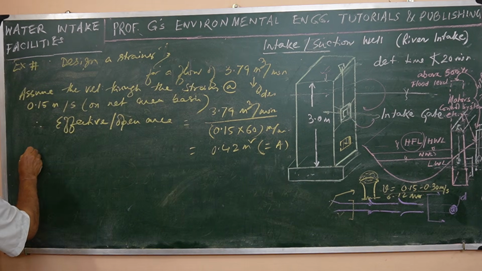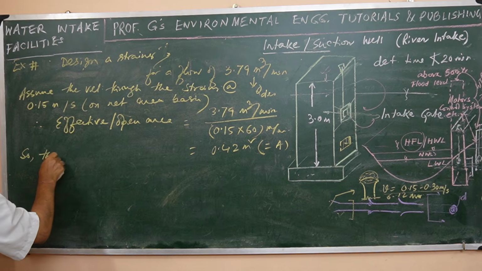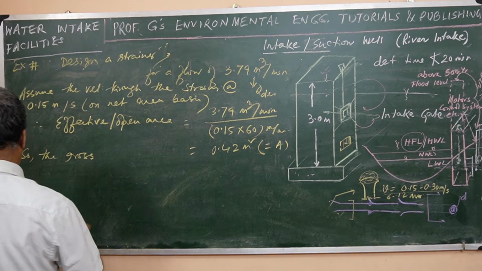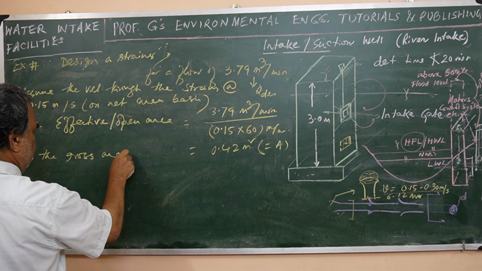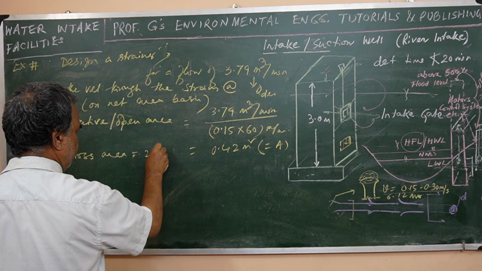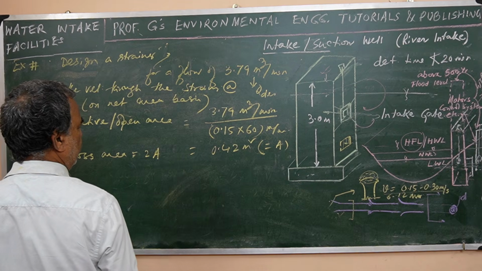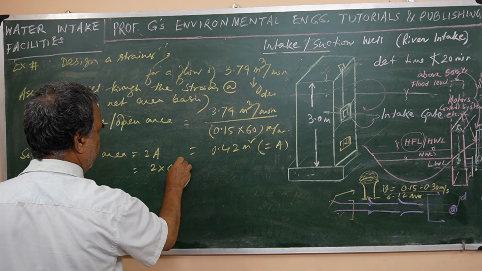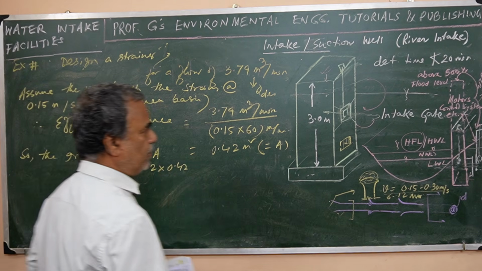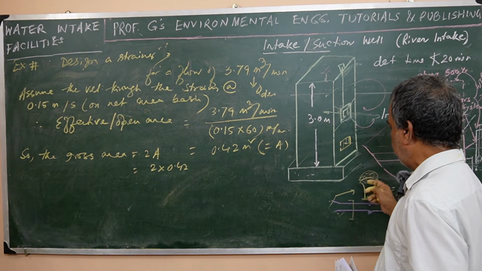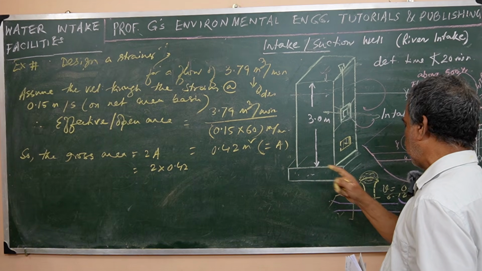So the gross area, as per the guidelines, is more or less 2 times this net area, 2A. So this will be 2 into 0.42. Gross area means this opening as well as solid area, both considered.